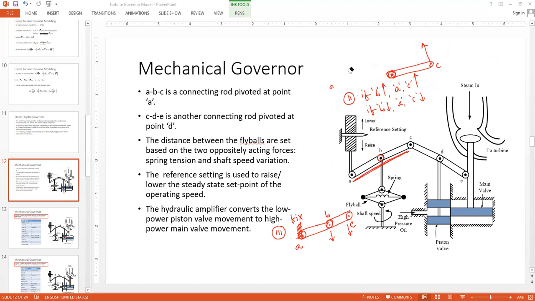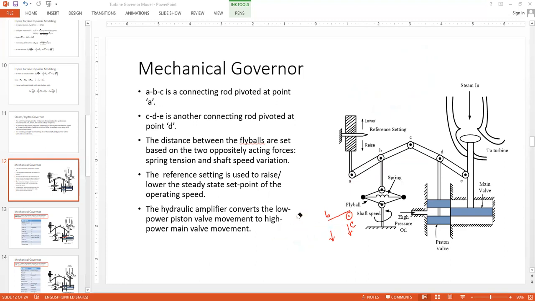So these are some of the observations for arm ABC. Why are we talking about point A being fixed? Because we can see that there is a connection between point A and this element, the reference setter. If I do not change the reference setter, then point A is unmoved.